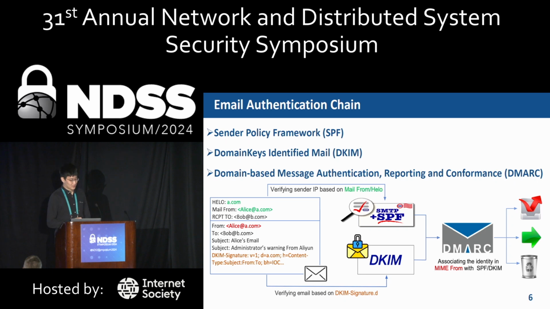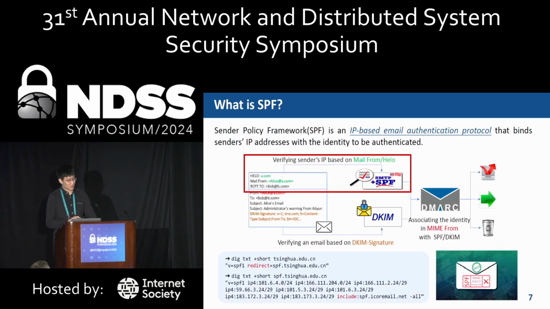So recently, several important email authentication protocols have been proposed to solve this problem. So far, three protocols have been widely deployed. They are SPF, DKIM, and DMARC. The three protocols are designed from different perspectives and constitute an email authentication chain to authenticate all incoming emails. Today, our work mainly focuses on the SPF protocol.